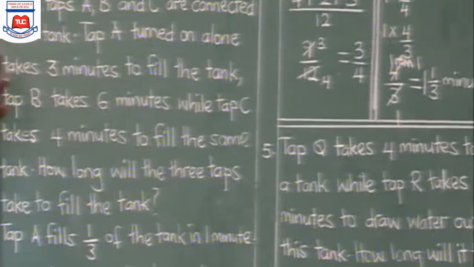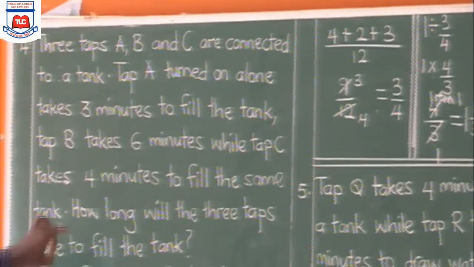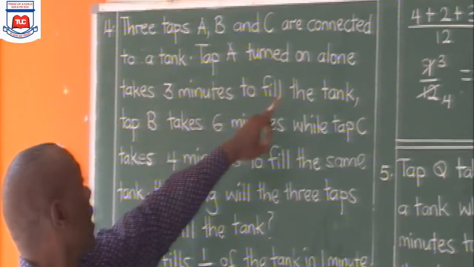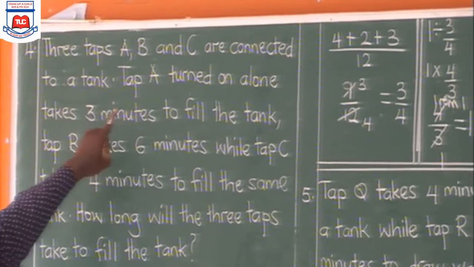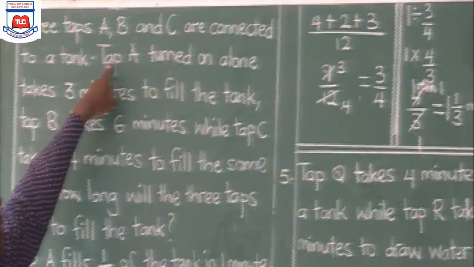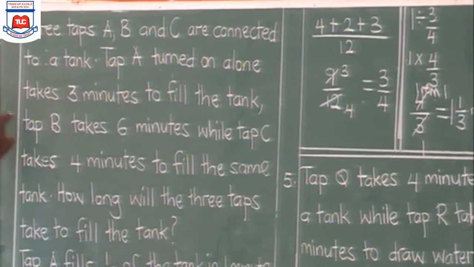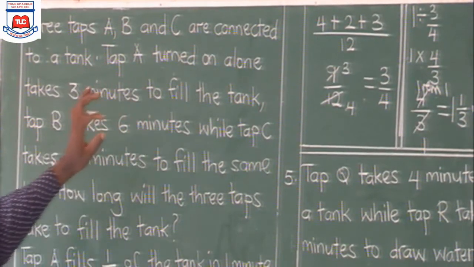So, how then do we work out this problem? You look at the duration taken by a particular tap connected to the tank. Look at tap A, for example. Tap A turned on alone takes 3 minutes. To turn on is the same as to open.